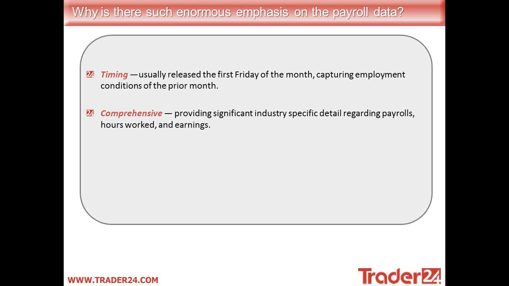The majority of the time it falls on the first Friday of every month, but every now and then it falls on the second Friday. But 95% of the time, it's the first Friday of every month. In this case, this Friday, 2nd of August. And it's comprehensive. The report is very comprehensive indeed, providing significant industry-specific detail regarding payrolls, hours worked, and earnings.